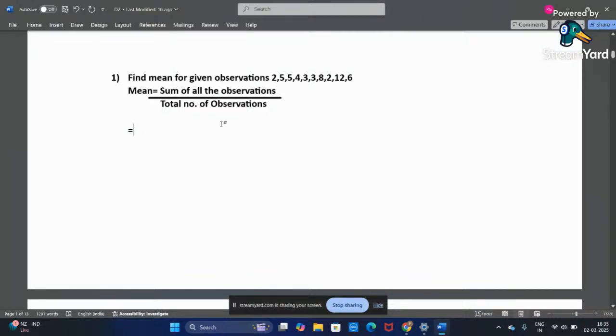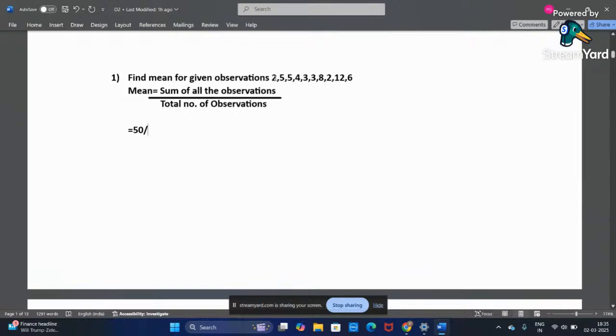Tell me the sum of all these observations. The sum of all the observations is 50. We need to divide by the total number of observations.